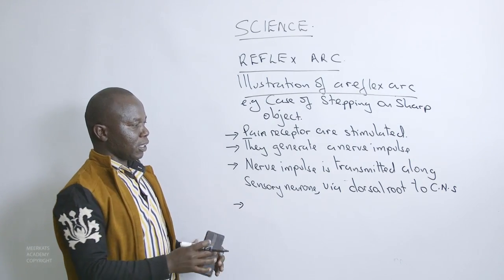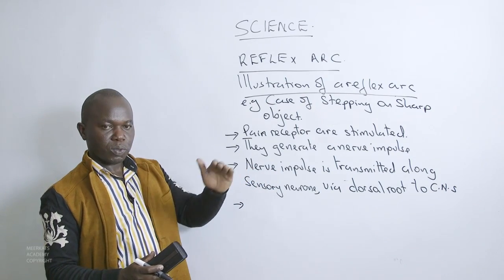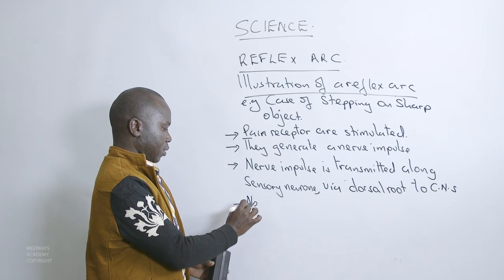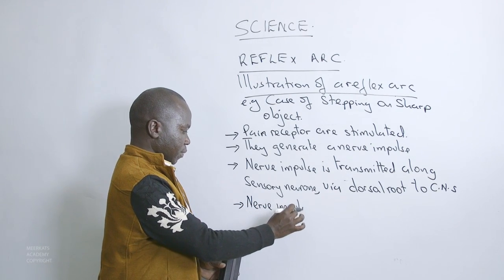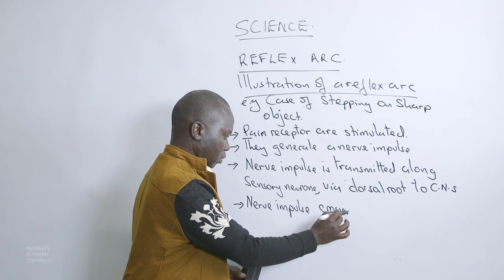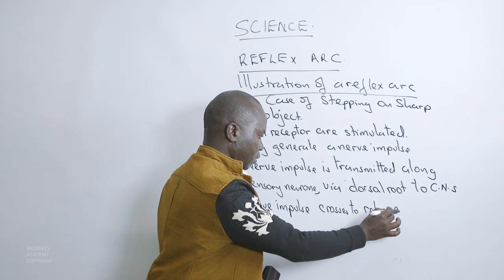In the central nervous system, the nerve impulse will cross to the relay neuron.